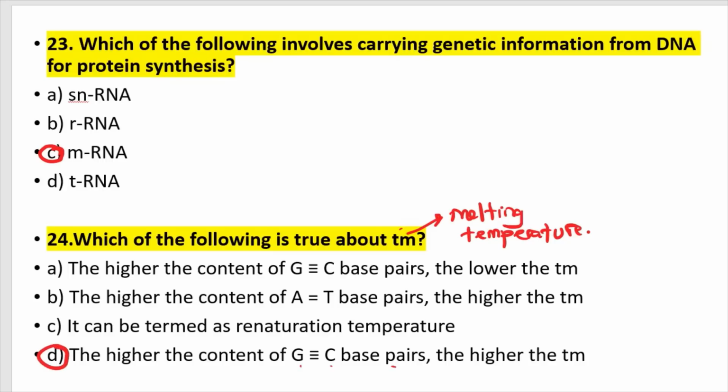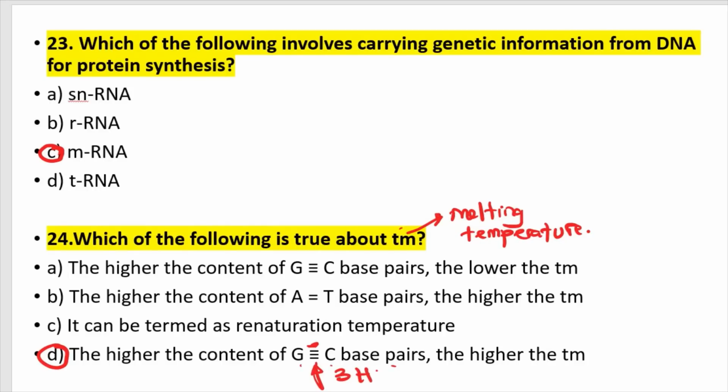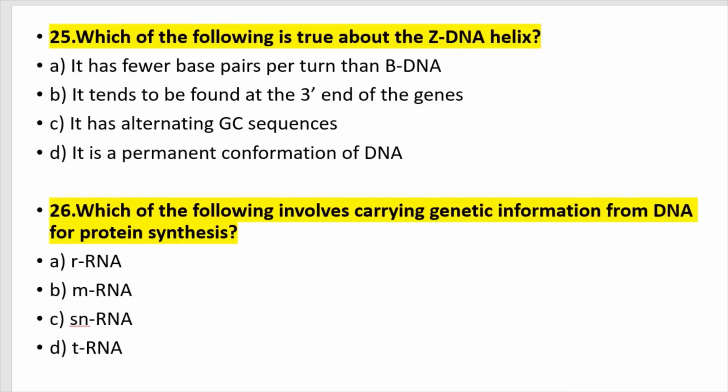The higher the content of G-C base pairs, the higher the melting temperature. Why? Because this base pairing consists of 3 hydrogen bonds.